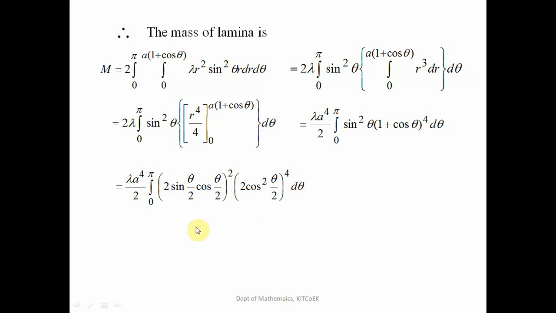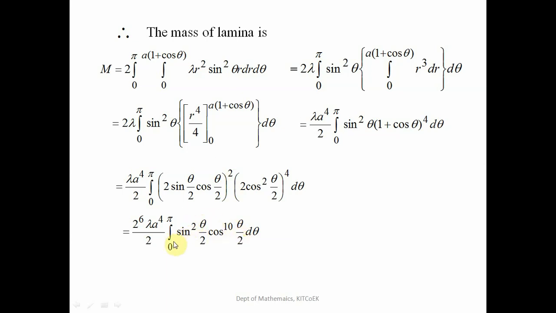And then if we simplify it, 2 square into 2 raised to 4 will become 2 raised to 6. So 2 raised to 6 lambda a raised to 4 upon 2, limits of integration 0 to pi, sin square theta by 2, this cos square and cos square raised to 4, that is cos raised to 8. So cos raised to 8 into cos square will become cos raised to 10 theta by 2.